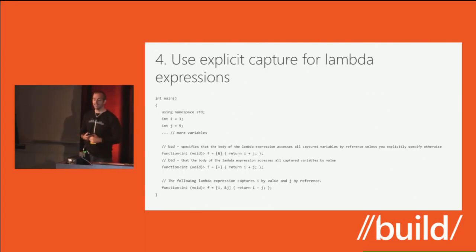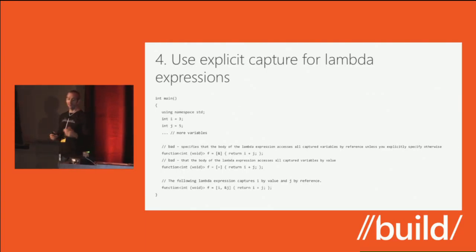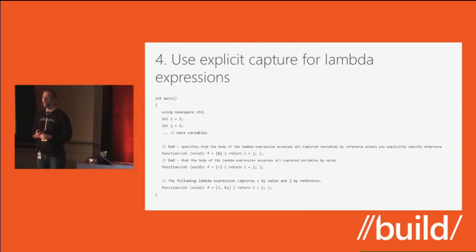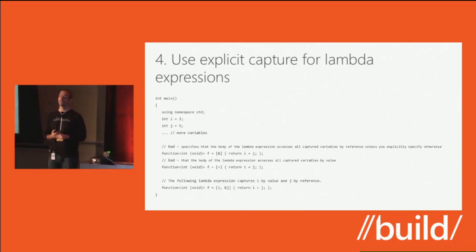And then I can just say I want to capture everything by reference or I want to copy everything. Think about what that function would do if I said everything. It's going to take all those variables and copy them. When actually all I need, if you look at the very bottom, is i and j. That would be bad. You don't want to copy all those variables or add ref all those variables or figure out if it's going to be a weak reference.